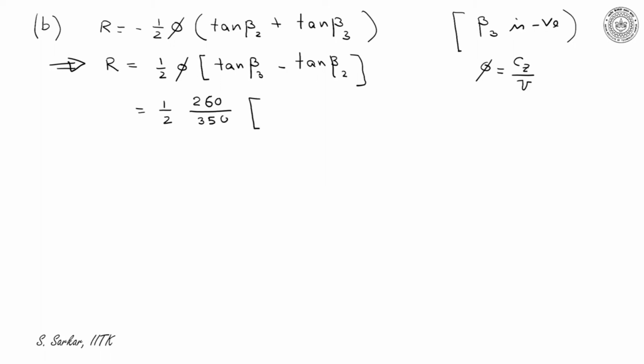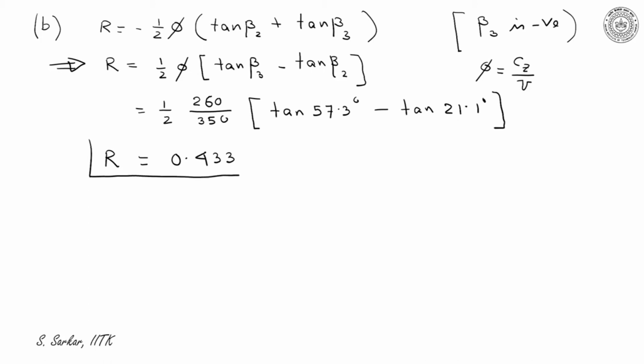Beta 3 I have evaluated as 57.3 degree and beta 2 as 21.1 degree. After evaluating, I have got the value of R as 0.433. Thus, I have calculated the degree of reaction as 0.433.